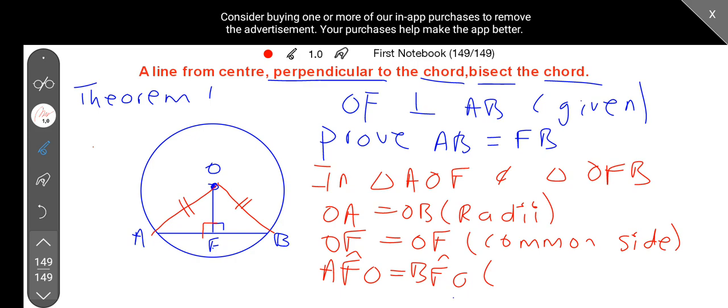What can we say there? Give me a reason. Here is 90 degrees and there is 90 degrees as well. So what we can say is that they are both 90 degrees. Or if there's another reason which you can give, feel free to put it in the comment section.